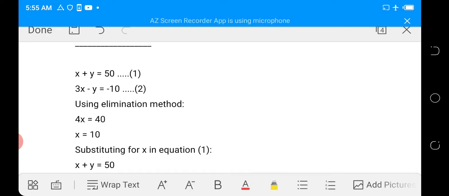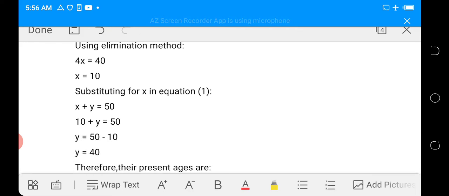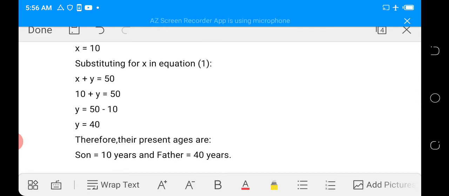Out of the two equations I have, equation 1 looks simpler than equation 2. Therefore, I'm going to substitute the value of x in equation 1. And this is my equation 1. X plus y is equal to 50. Substituting for x in equation 1, that gives me 10 plus y is equal to 50. Subtracting 10 from both sides, I'm going to have y is equal to 50 minus 10, which gives 40.